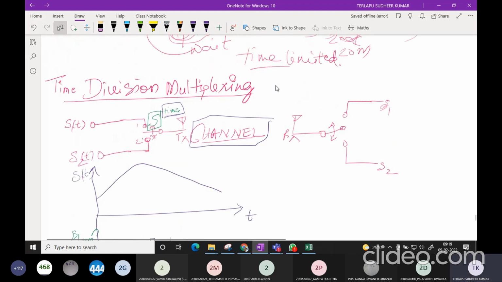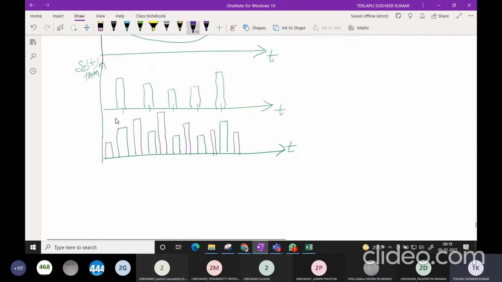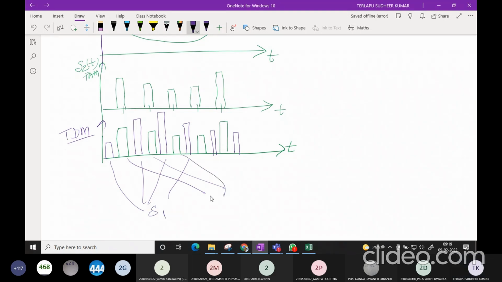This signal is transmitted over the channel. And this is what we call a time division multiplexed signal. So here, if you observe carefully, these are the samples of your S1. And these are the samples of your S2.